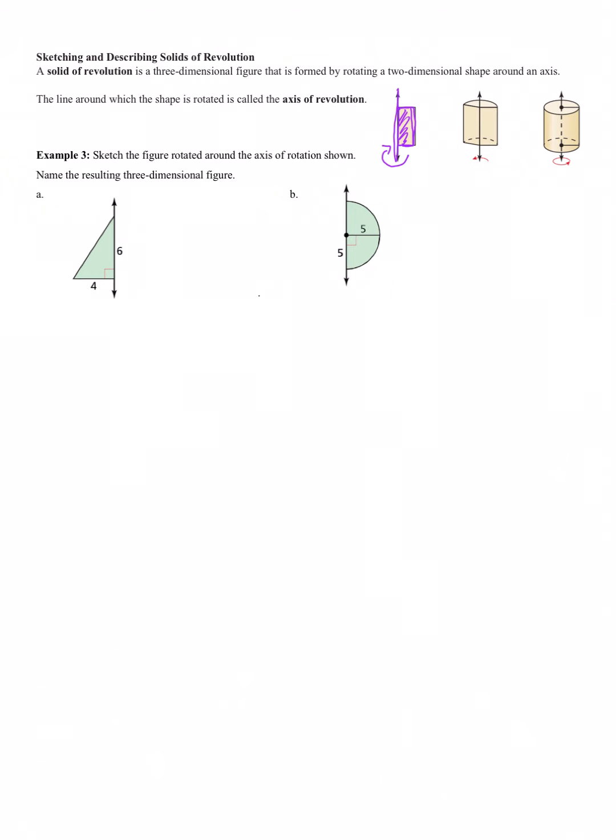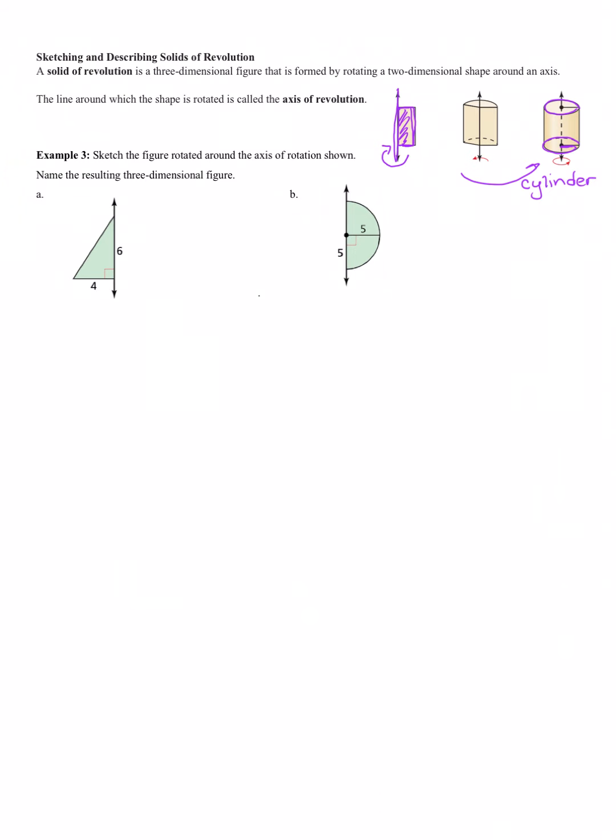We want to figure out what would be the resulting shape. Realize that that edge that came out is rotating around, making a circular arc, and so the result would be a cylinder.